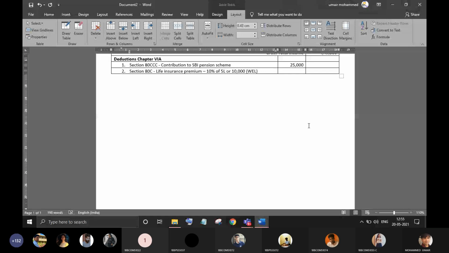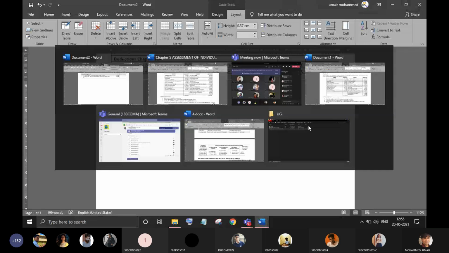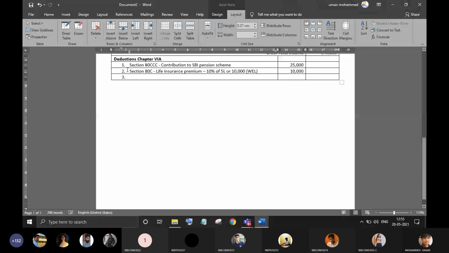So 50,000 or 10,000, whichever is less. 10,000 is less. Next, home loan repayment. Home loan repayment is also a deduction which gets qualified under section 80C. Principal repayment of home loan is 35,000.